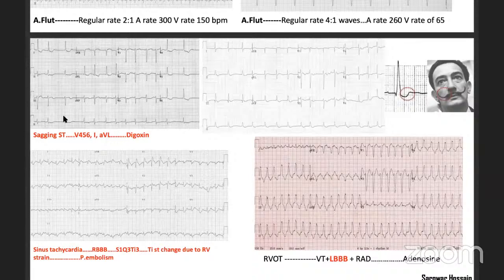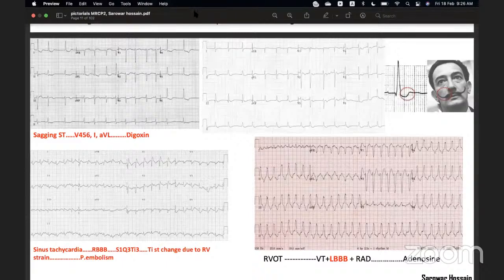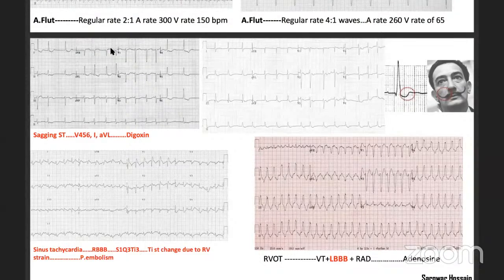I don't know which leads we should be seeing for this Salvador sign, the digoxin toxicity. Actually, they are in the lateral leads, mainly 4, 5, 6. In this one it is not clear; in lead 6 it is there, but it's more in leads 2, 3.